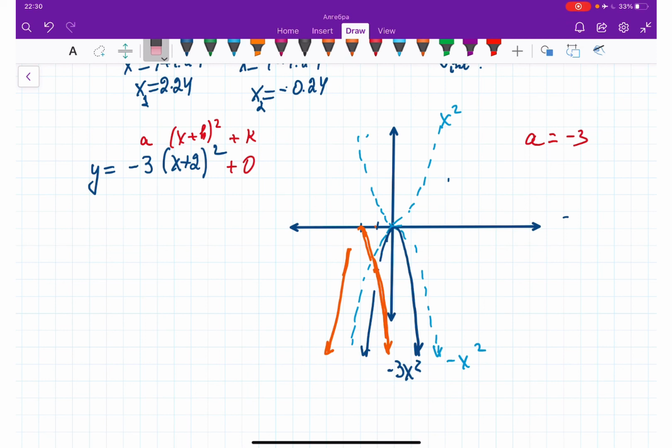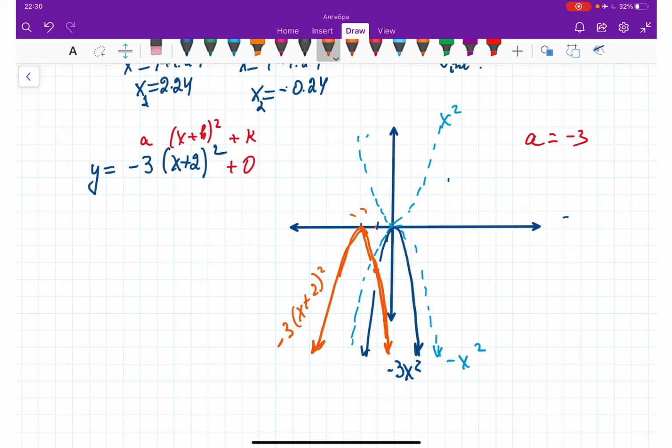Let me see, maybe this one I can change. All right. So this is going to be my negative 3 times x plus 2 squared.